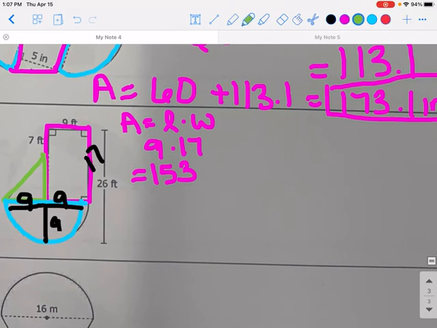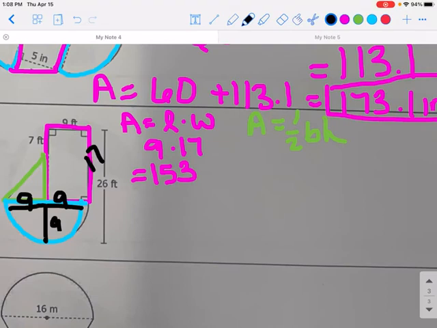Focusing now on the triangle. Triangles, 1/2 base times height. I have my base is 9. Technically I don't have my height labeled in the picture, but I know it because again, it's part of the side of the rectangle.